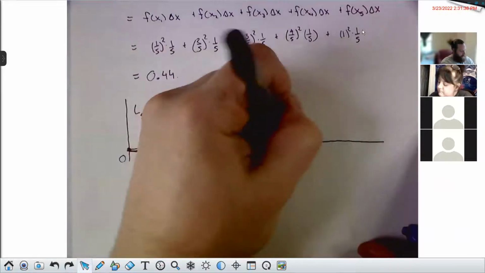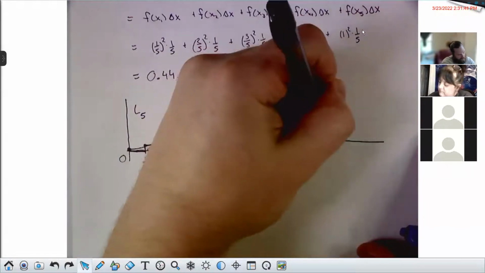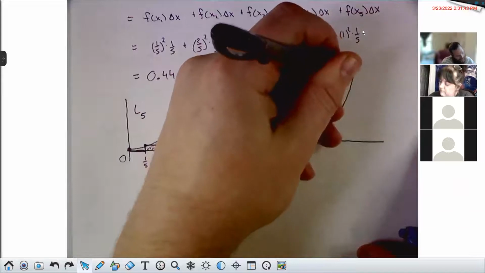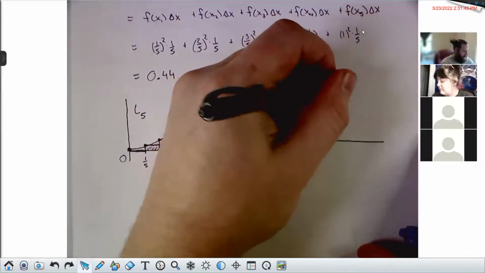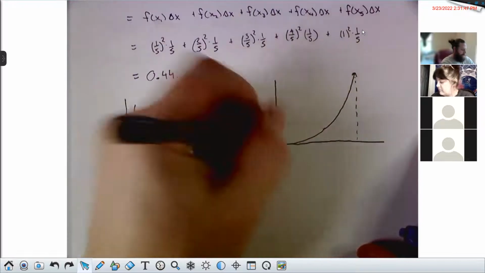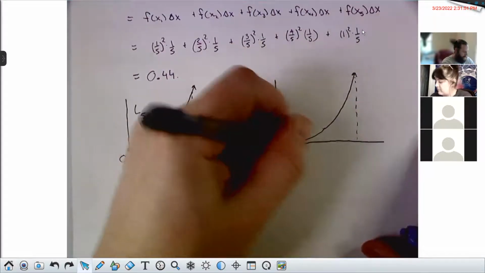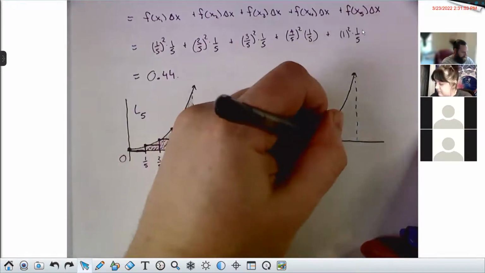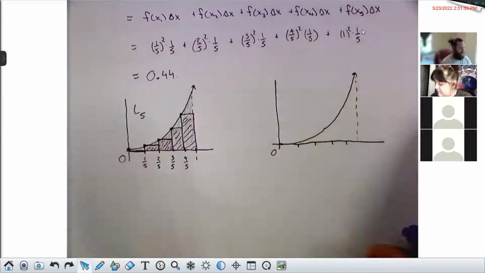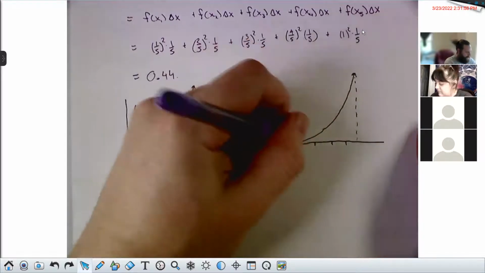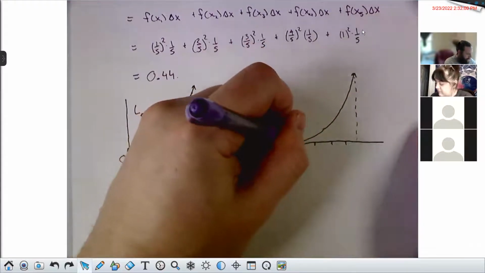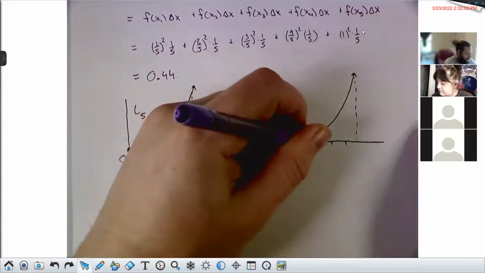The picture for R5. This is a bad picture. Something like this. The height of each rectangle is determined by the function value at the right endpoint.